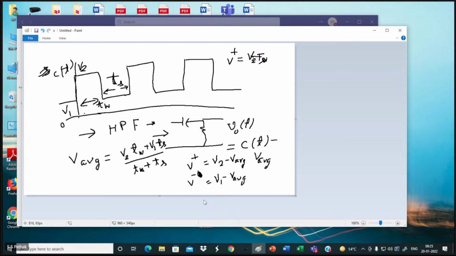Subtracting, it will be V2 into TS minus V1 into TW, oh yes, V1 into TS, sorry.